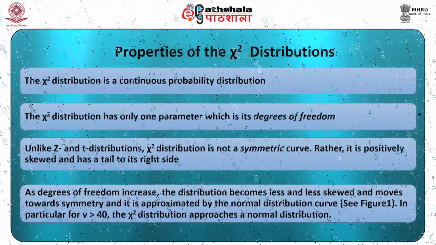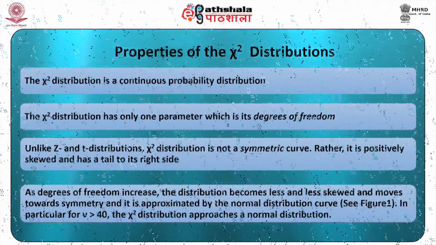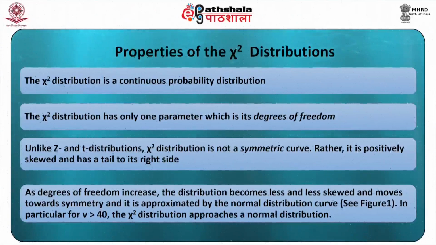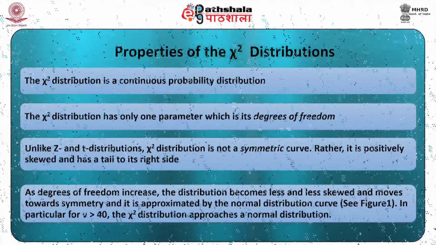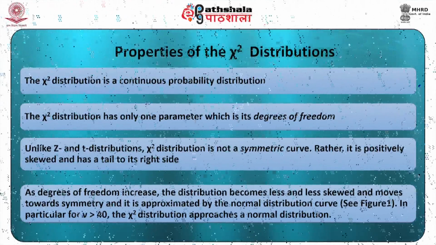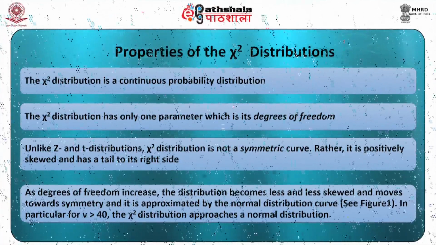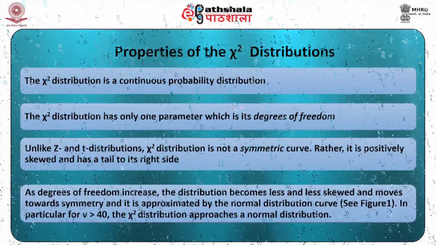The possible values that nu can take are 1, 2, 3, etc. Unlike z and t distributions, the chi-square distribution is not a symmetric curve. Let me repeat: unlike z, which is a normal distribution, and t distributions, the chi-square distribution is not a symmetric curve.